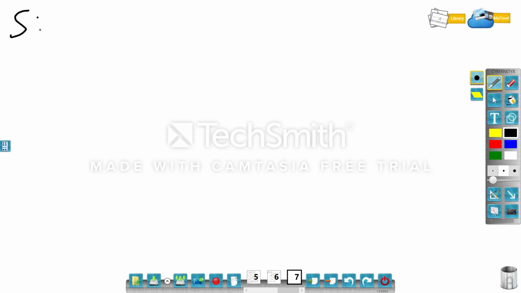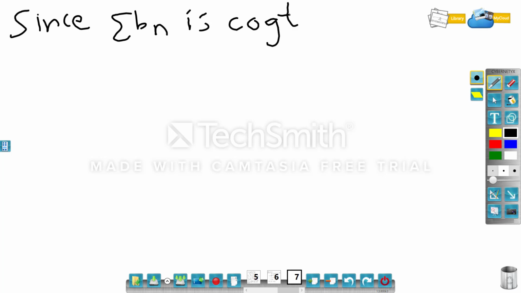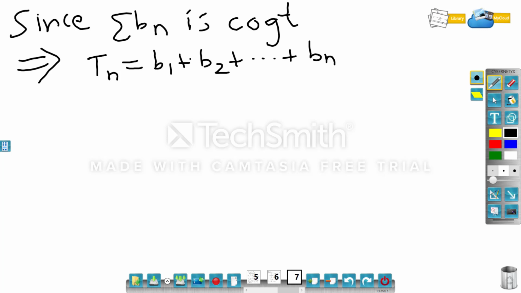Since series bn is convergent, which is our given fact number 3, this implies the corresponding sequence of partial sums is convergent. So let's form the sequence of partial sums. We call it Tn, which is b1 plus b2 plus dot dot dot plus bn, equal to summation i goes from 1 to n of bi. So this sequence Tn is convergent.